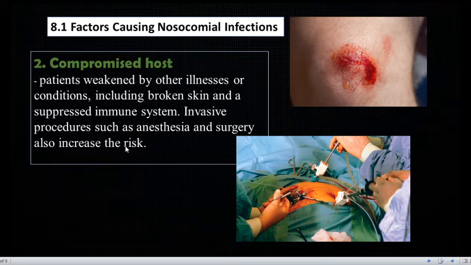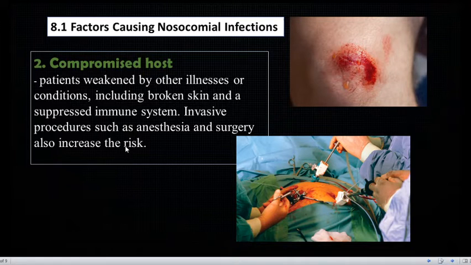Non-invasive procedures are, for example, laser treatment in the skin, right? So, our dermatologists use that, but they actually do invasive procedures too when they are using needles, okay?